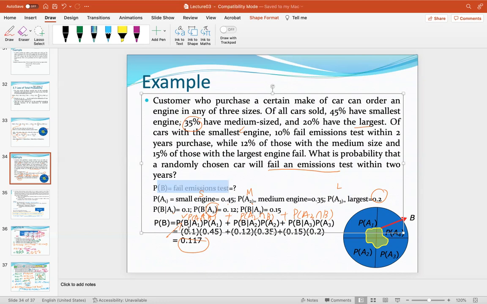First, you can draw this graph. It can be a circle or square or rectangle. Among all the cars, there is a small portion that fail. That portion involves the small size, then the medium size and the large size.